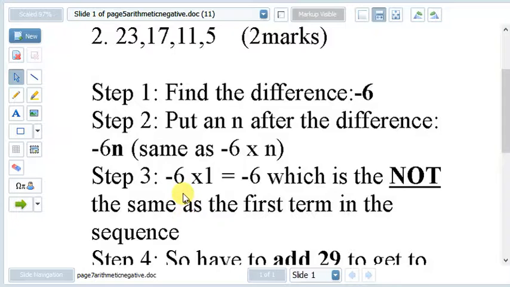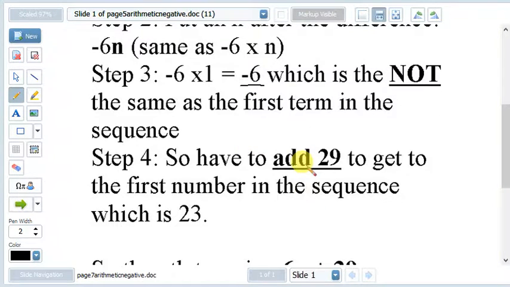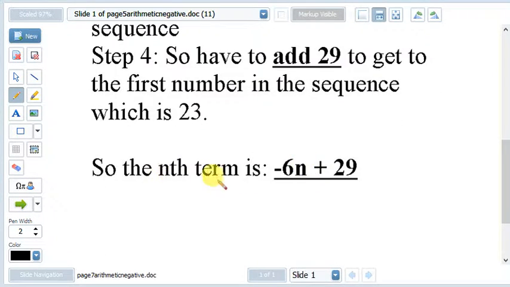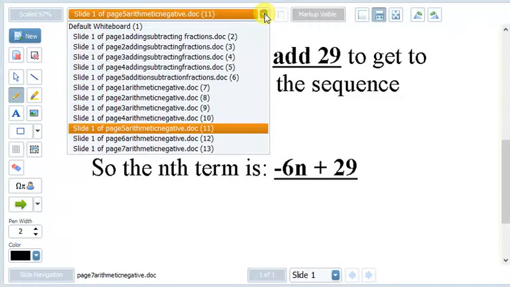Step 3, we choose n equals 1, so minus 6 times 1 is minus 6, and that is not the same as the first term in the sequence, and the first term in the sequence is 23. So what we're thinking is, what do we need to add or subtract from minus 6 to get up to 23? And that is 29. So therefore the nth term is minus 6n plus 29. Well done if you got that one correct.